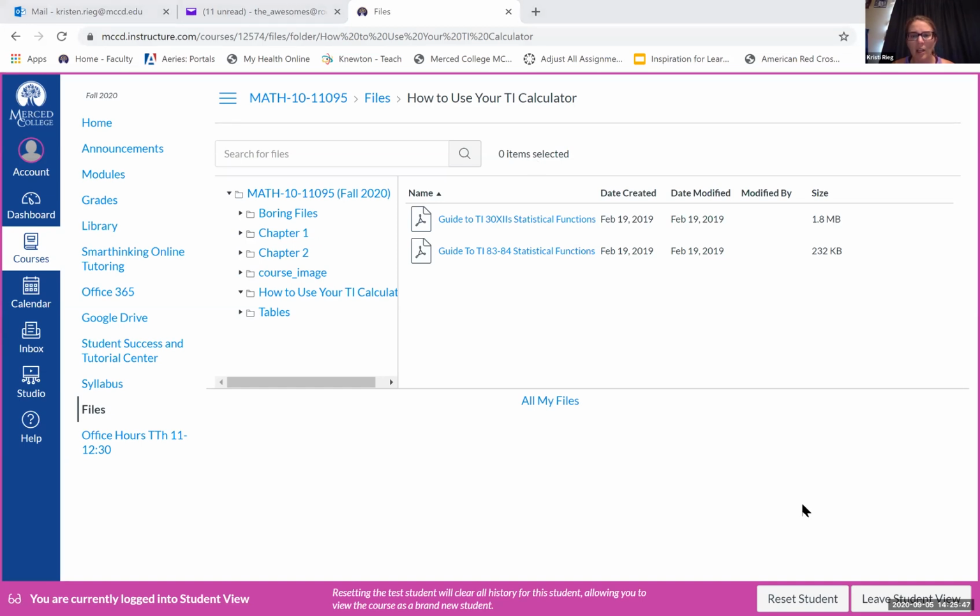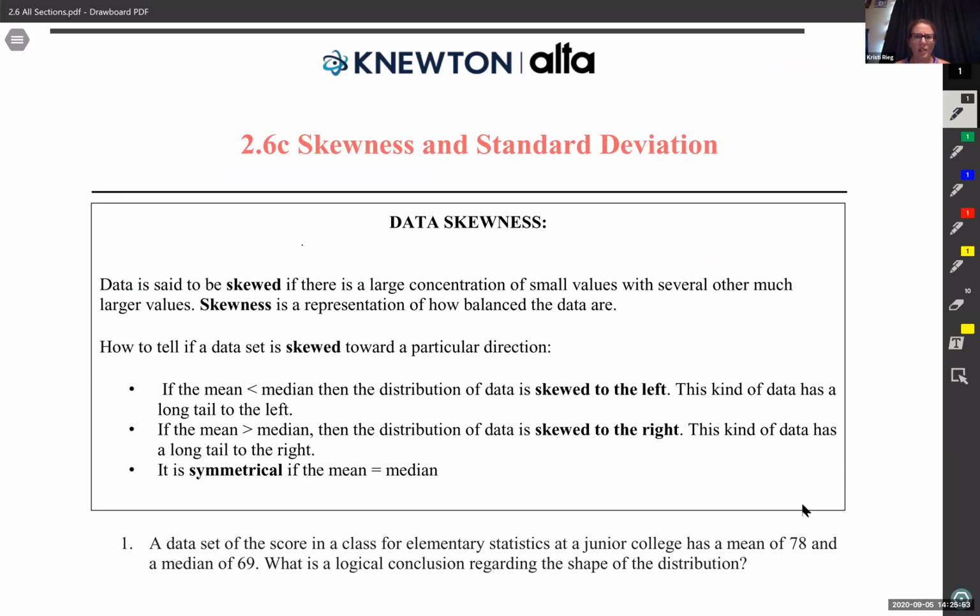We are talking about skewness first. Here, just some words. It talks about the skew, and there's not really a picture to explain it at this moment, but we do have these two little inequalities. That's great if you are good with inequalities.